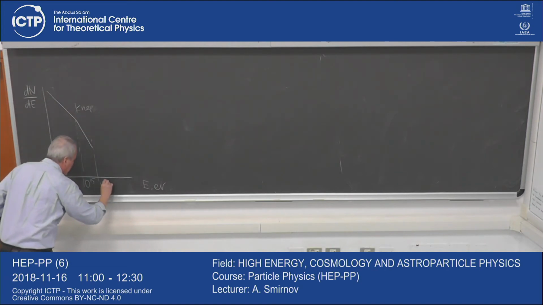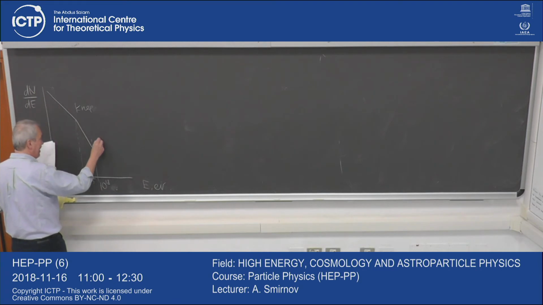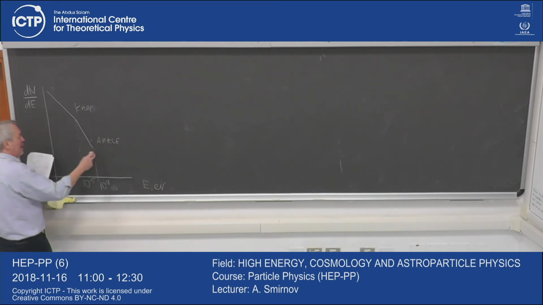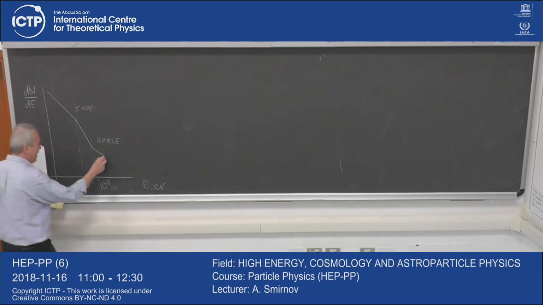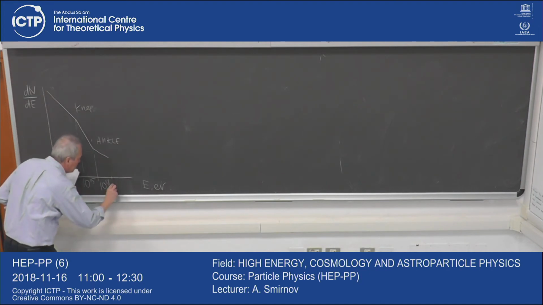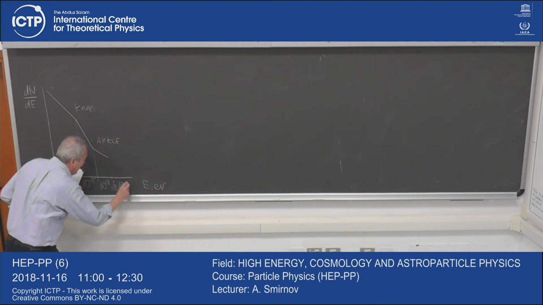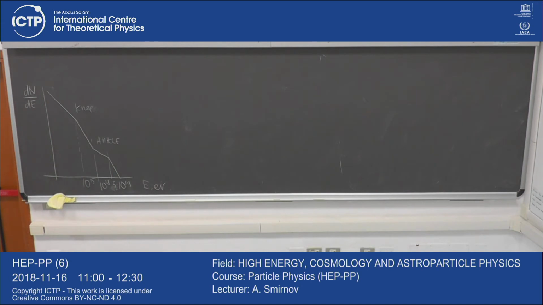And at 10 to the 18 electron volts, there's another feature, what we call the ankle. So this is like a leg, right? So that's the ankle. And then at around 5 times 10 to the 19, we have a cutoff. So this is the shape of the spectrum.